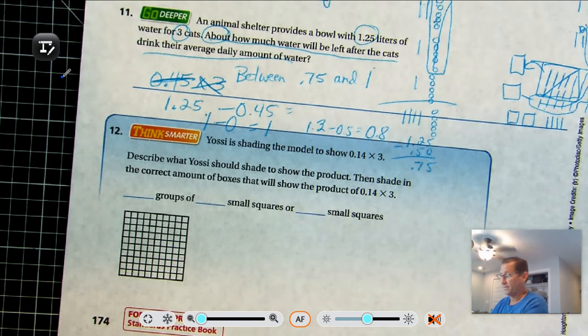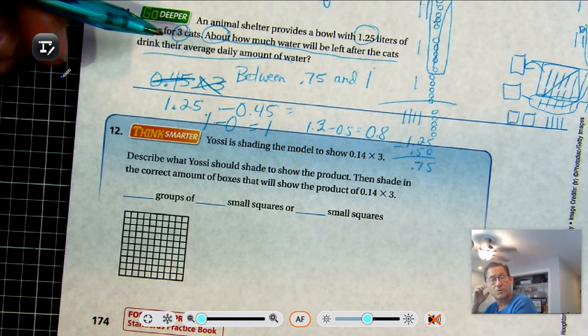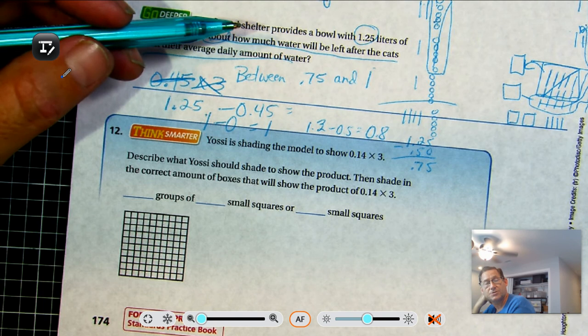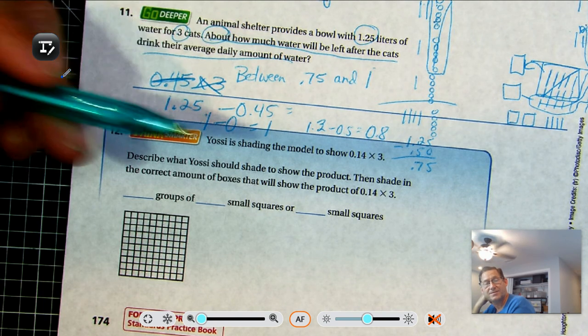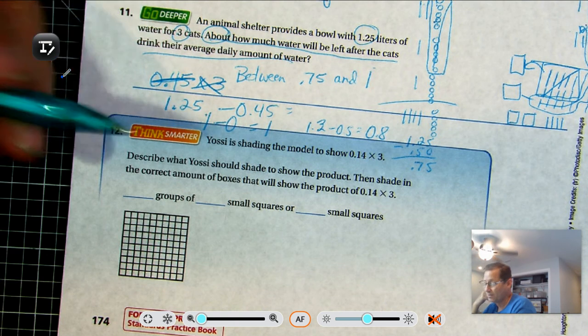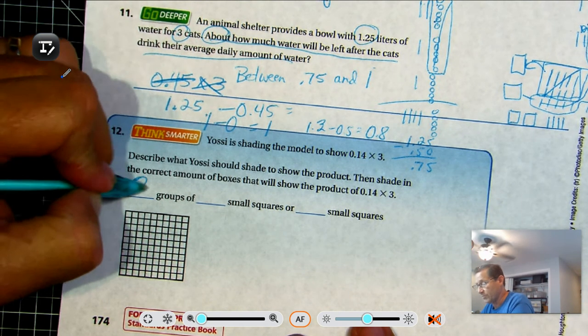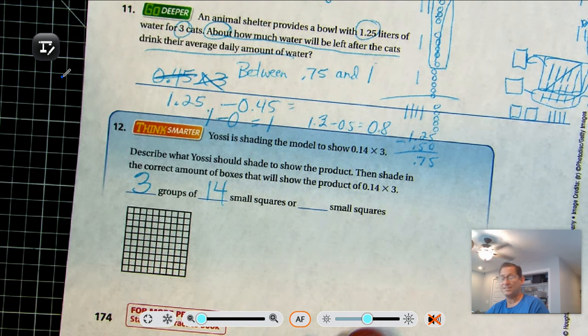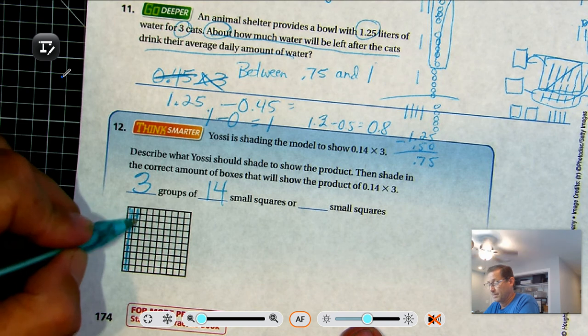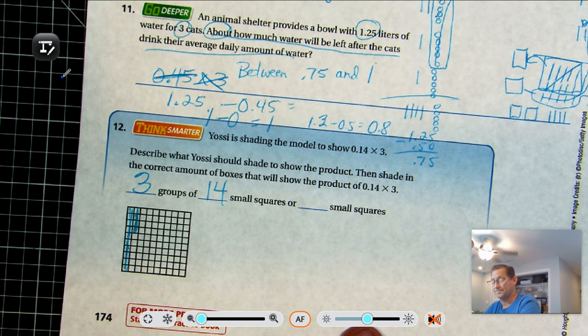All right, number 12. Yossi is shading the model to show 14 hundredths times 3. Describe what Yossi should shade to show the product. Then shade in the correct amount of boxes that will show the product of 14 hundredths times 3. Okay, so we're going to have 3 groups of 14 small squares. So let's shade those in. There's our first 14.